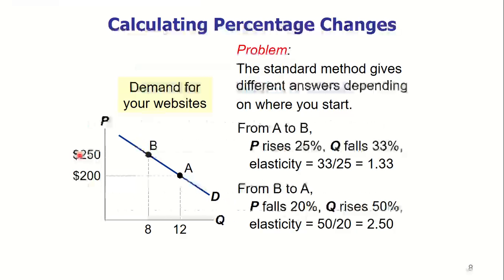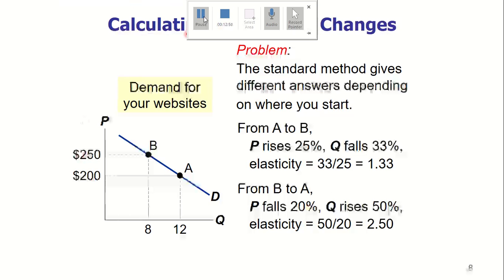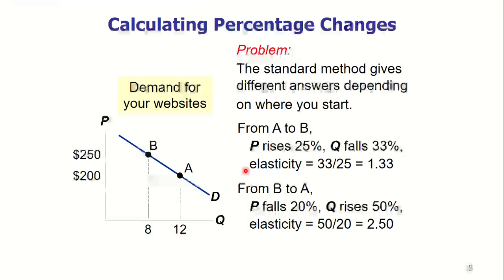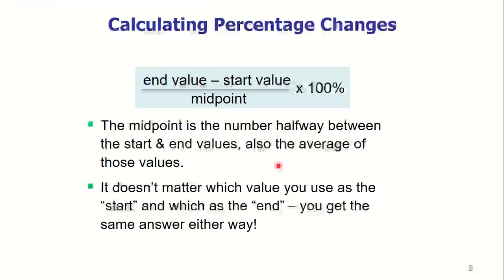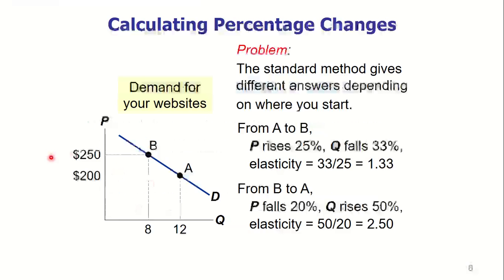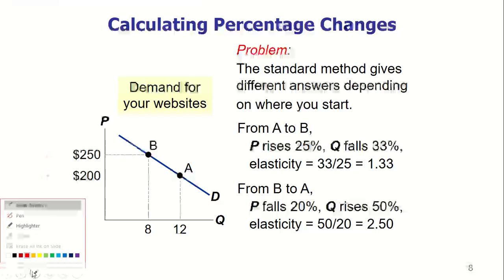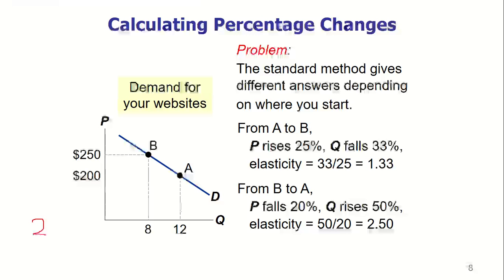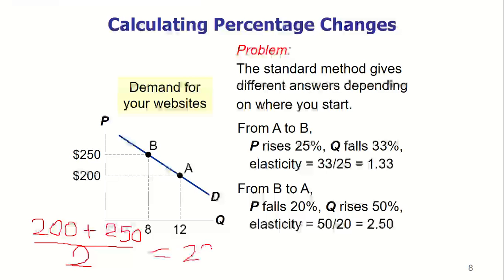So we calculate the midpoint here. The midpoint comes by the formula, that is, if you can see here, $200 plus 250 divided by 2, which is equal to 225, and this is the midpoint.